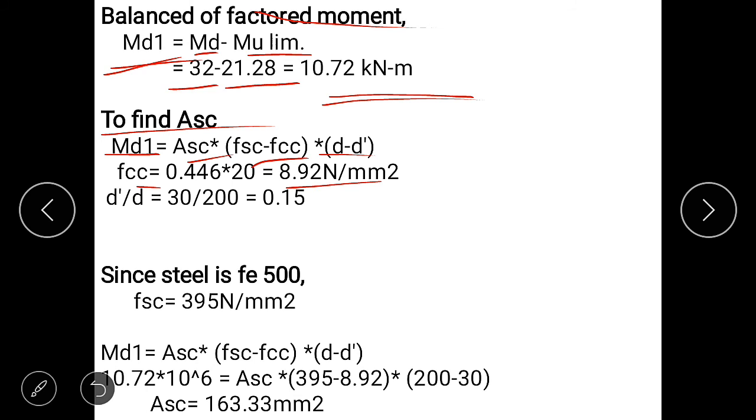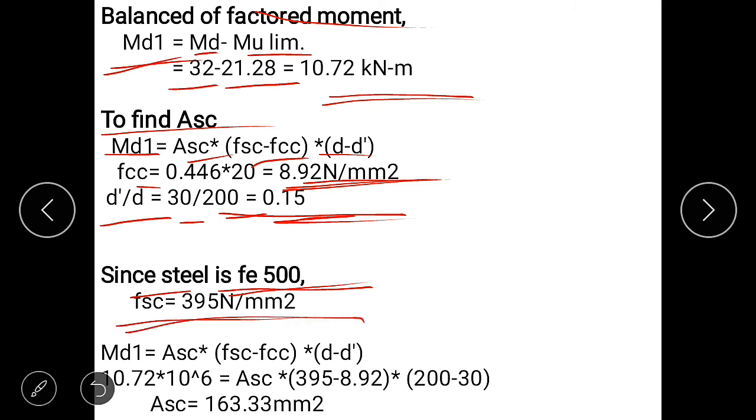And d dash divided by d, 30 divided by 200, our ratio is 0.15. Since the grade of steel is 500 and the ratio is 0.15, our fsc is 395 Newton per mm square.